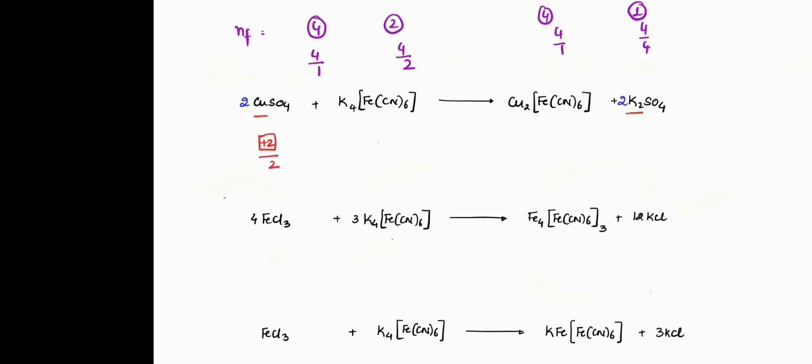Sorry, my mistake. It should be 2 by 1 here, 2 by 1 here and 2 by 2, correct? Because I have to divide by the stoichiometric coefficient. The stoichiometric coefficient is 1 and 1 here and 2 here. So 2 by 1, 2 by 1 and 2 by 2.